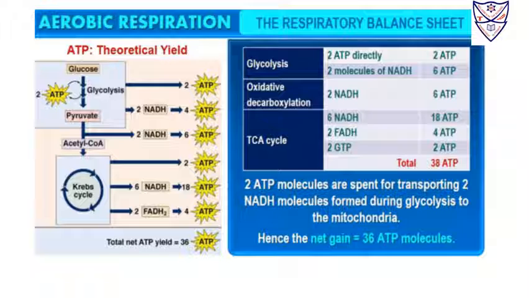So in total, we've got 38 ATPs. 2 ATP molecules are spent for transporting the 2 NADH molecules formed during glycolysis to mitochondria, because that is where the reaction has to occur. So the net gain is 36 ATPs.